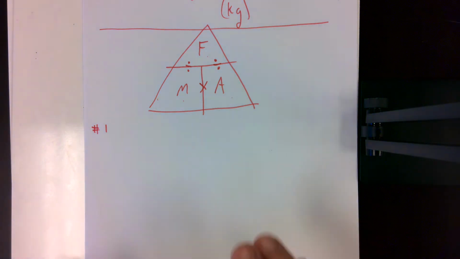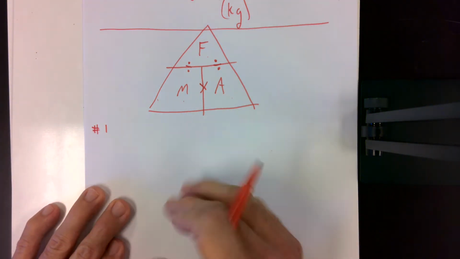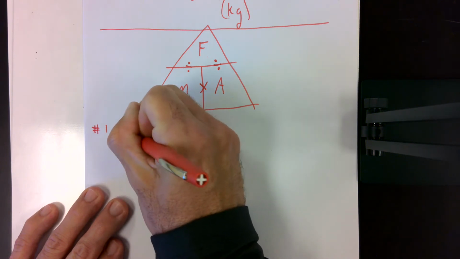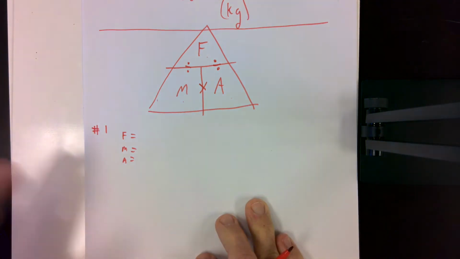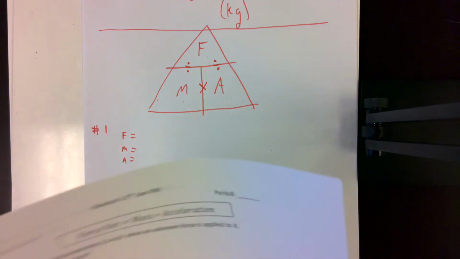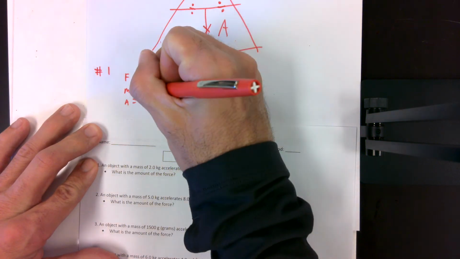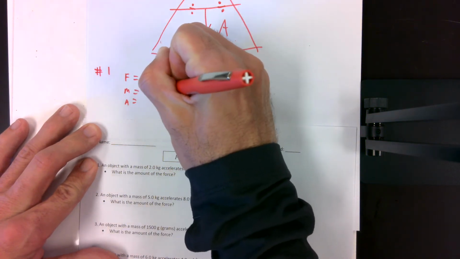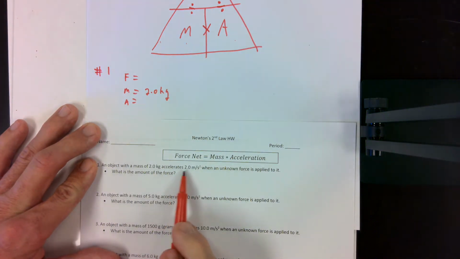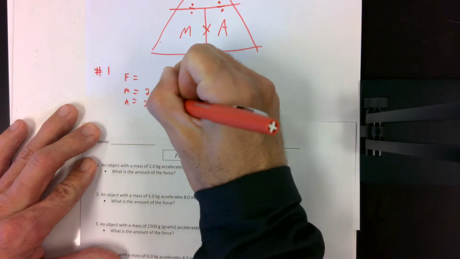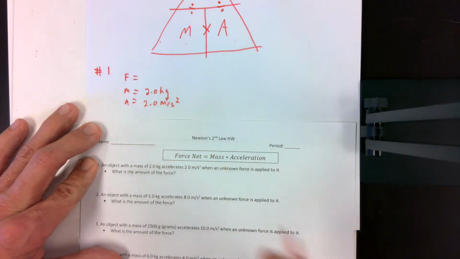So now let's take a look at problem number 1. The first thing I would do is I would write out all my little variables. And the problem says, an object with a mass of 2.0 kilograms accelerates at 2.0 meters per second squared.